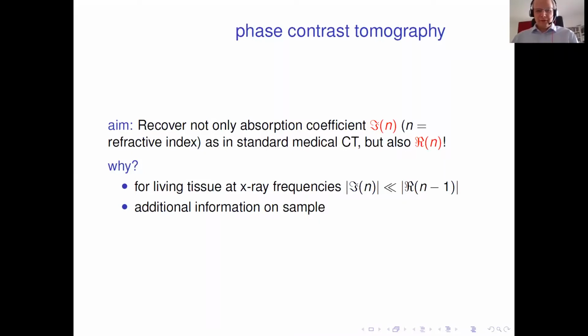Well, the main reason is that for living tissue at X-ray frequencies, you have a much higher contrast in the real part than in the imaginary part. Ideally, of course, we would like to image both the real part and the imaginary part. Then we just get more information on the sample.